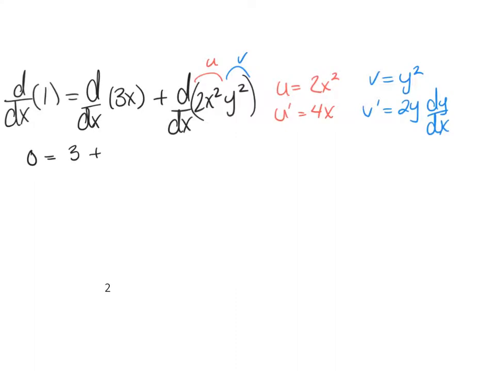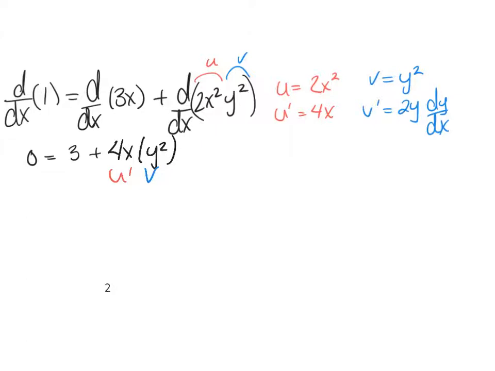Okay, so going back to this, using the product rule, we have u prime, which is 4x, multiplied by v, which is y squared. So this is u prime multiplied by v.